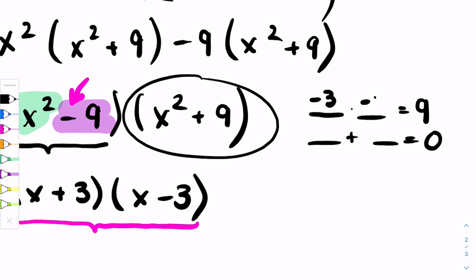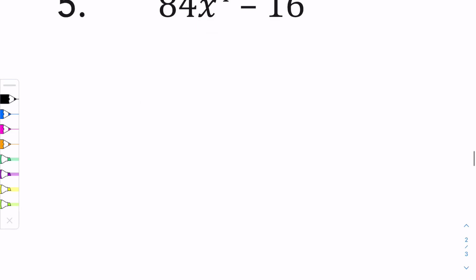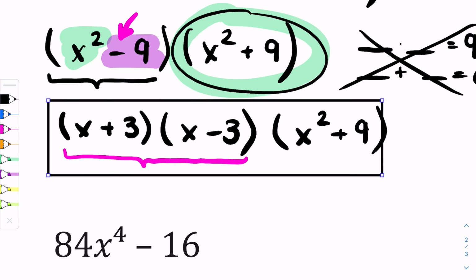Or negative 3 and negative 3, add those together and you get negative 6, so that doesn't work. So there are no factors that will do this for you. So this second expression just remains the same, x squared plus 9. The only time that you can do that factoring process that I just explained is when you are subtracting a perfect square.